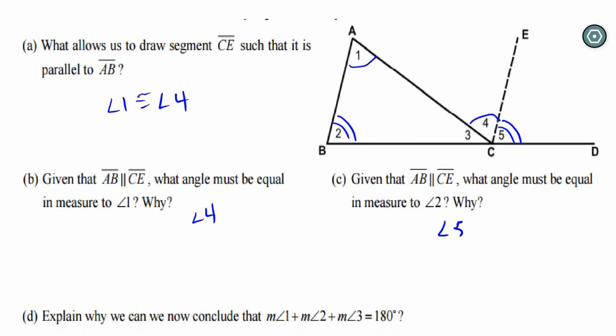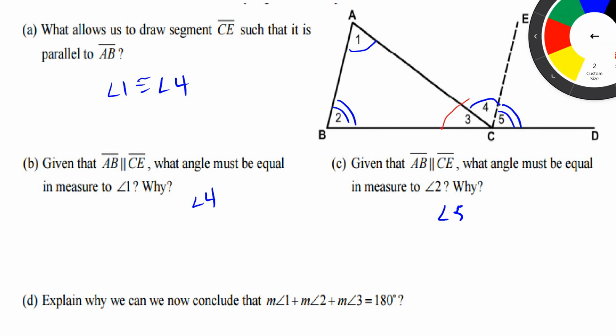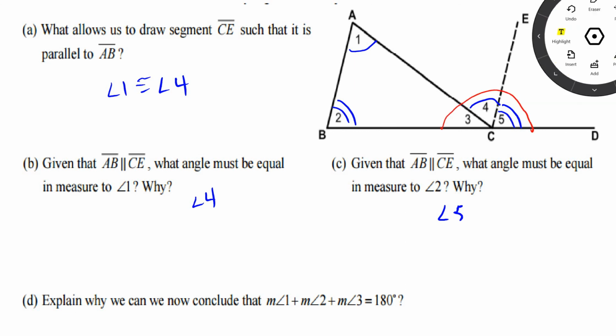And the last part, explain how we can conclude angle 1 plus angle 2 plus angle 3 is 180. Well, if you look, angle 1 and angle 4 are the same, angle 2 and angle 5 are the same, and angle 3 is the same both in the triangle and in this one straight line here. Therefore, they have to add up to 180, right?